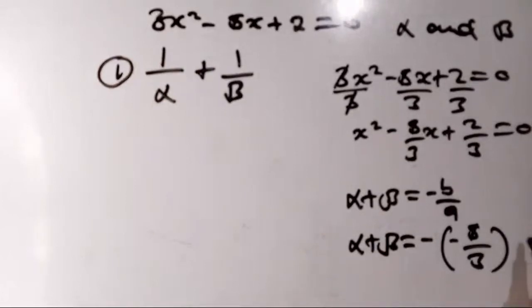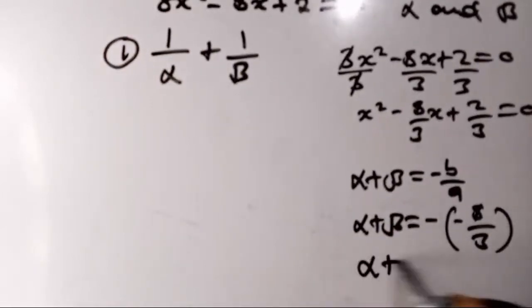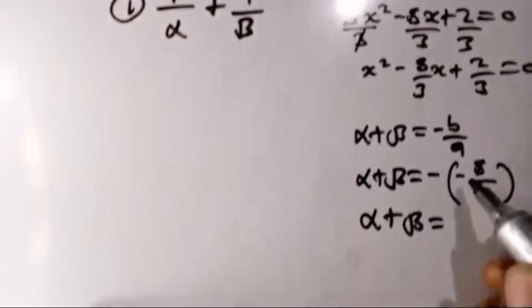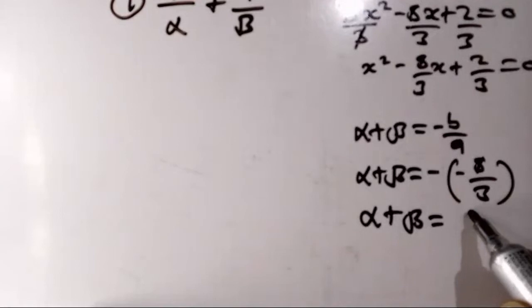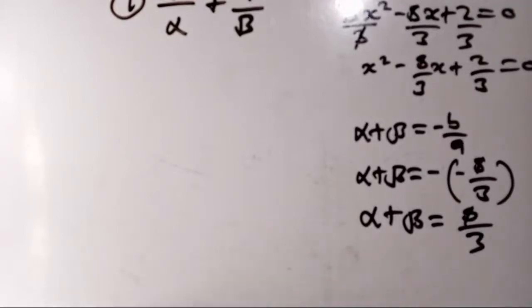Then alpha plus beta will be equal to positive 8 over 3, because negative times negative is positive. So this is the sum of this quadratic equation.